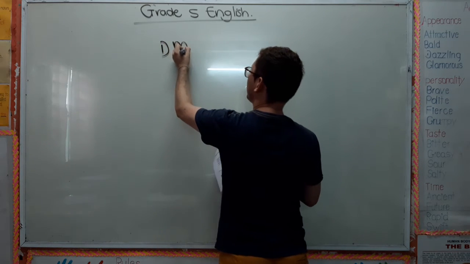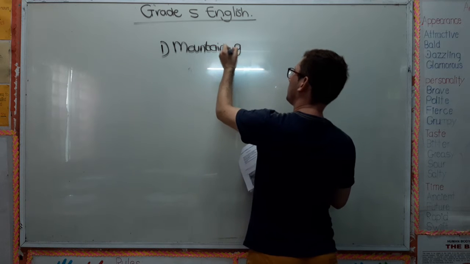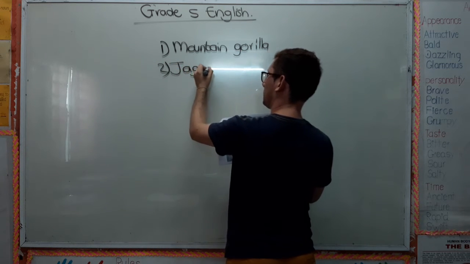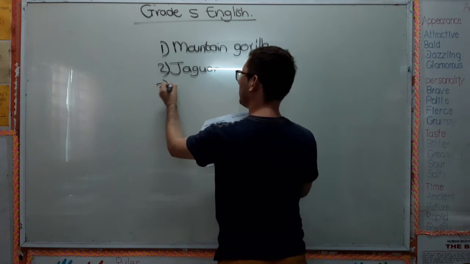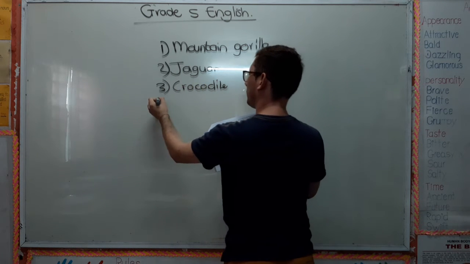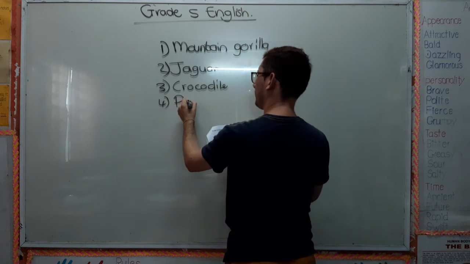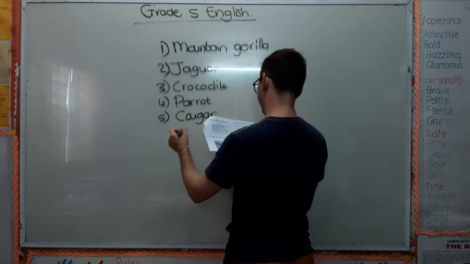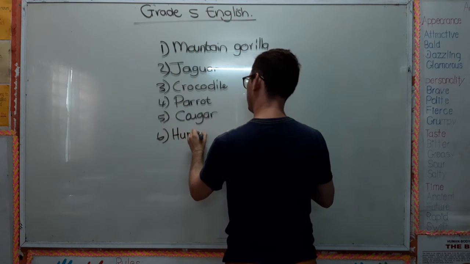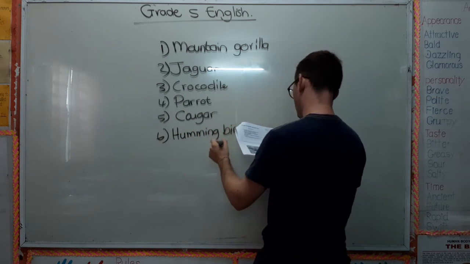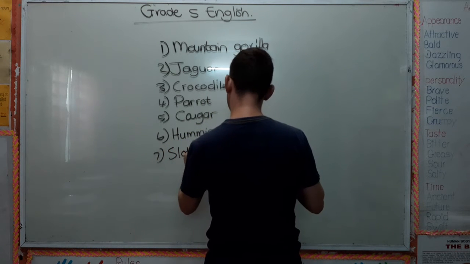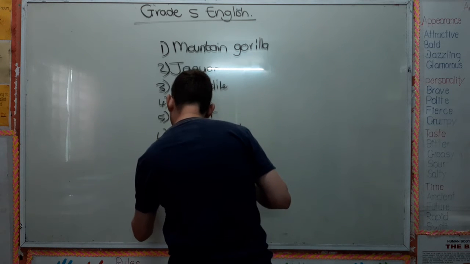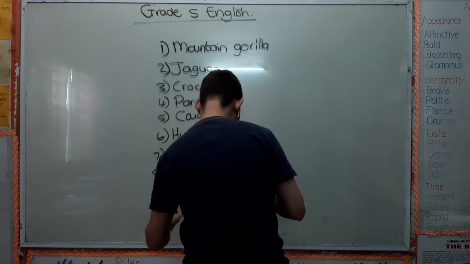Number 1 is the mountain gorilla, number 2 was the jaguar, number 3 is the crocodile, number 4 is the parrot, 5 the cougar, 6 hummingbird, 7 sloth, 8 toucan, 9, and then 10.